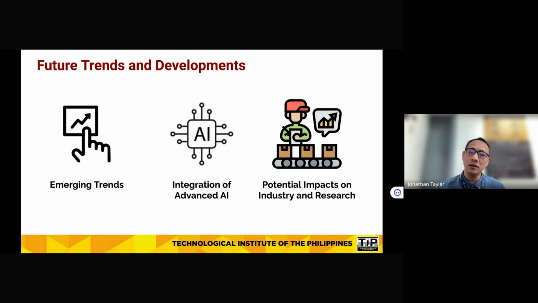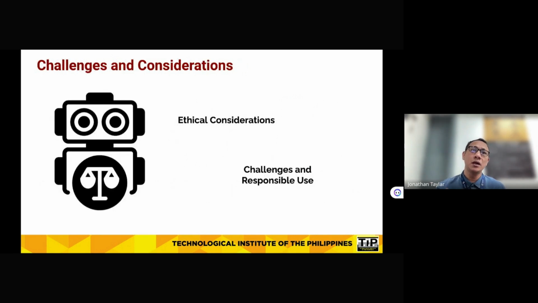But more importantly, as AI technologies become increasingly pervasive in society, there is growing awareness of the ethical, social, and legal implications of AI systems. Future trends in AI development may focus on integrating ethical principles, and that is the suggestion of many researchers.